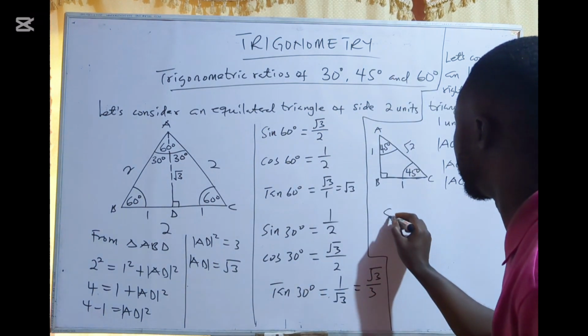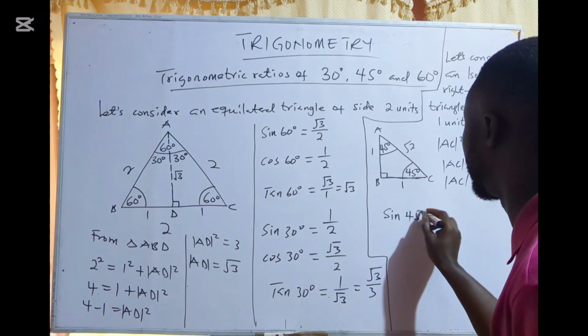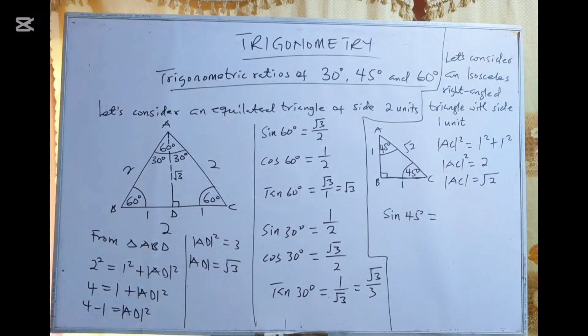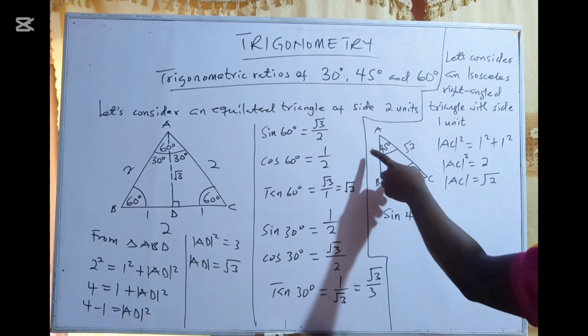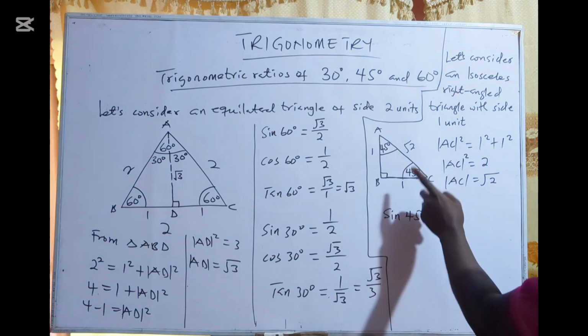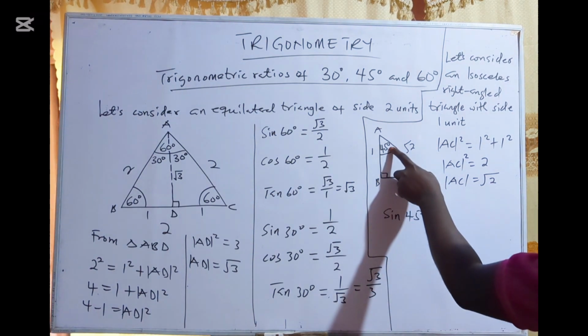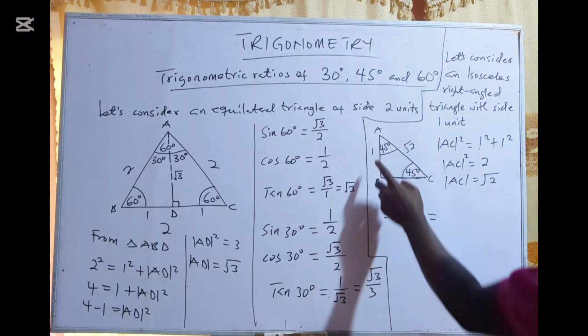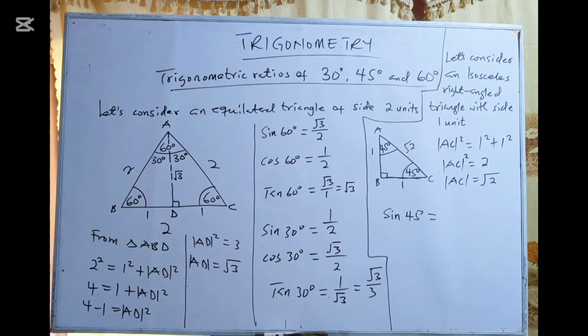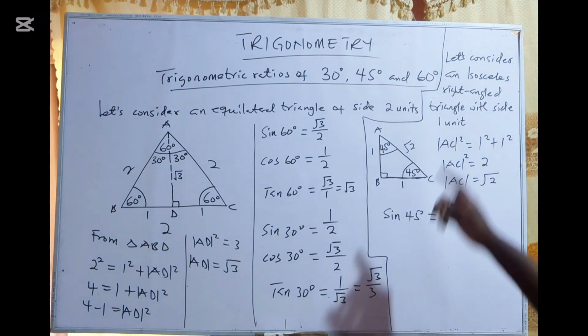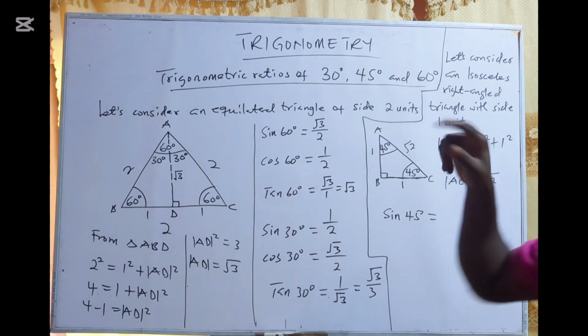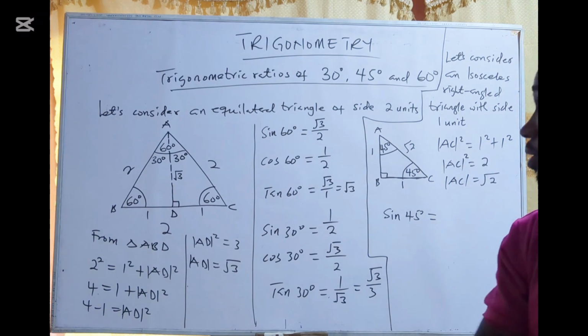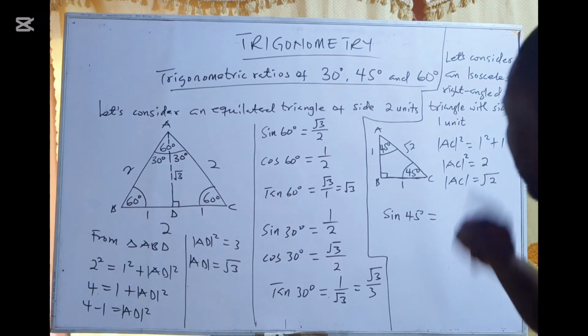Okay. So sine 45. And if I'm here, my opposite is 1. My adjacent is 1. And if I'm still here, my opposite is 1, my adjacent is 1. So it doesn't change anything. So sine 45, sine is what? Opposite over hypotenuse. I know this time it is in your head, opposite over hypotenuse.